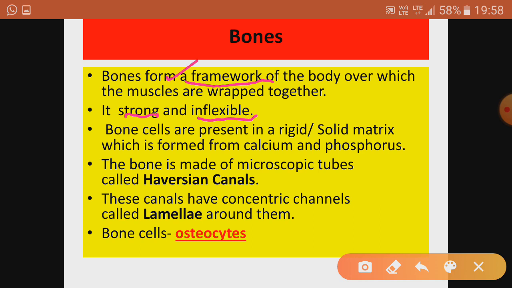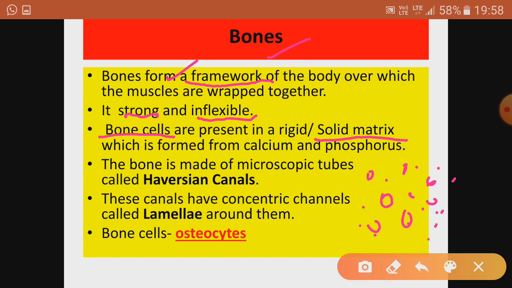Bone cells, that is osteocytes, are present in the solid matrix. We know in case of connective tissue we have got the matrix, and in the matrix we have got some cells which are embedded in the matrix. In case of bones, the matrix is solid. So here the bone cells are embedded in the solid matrix.